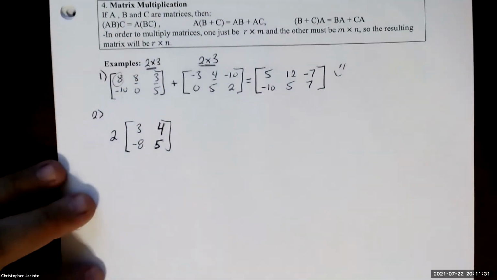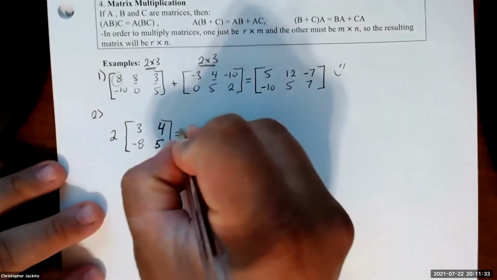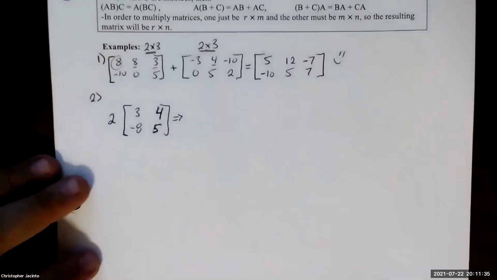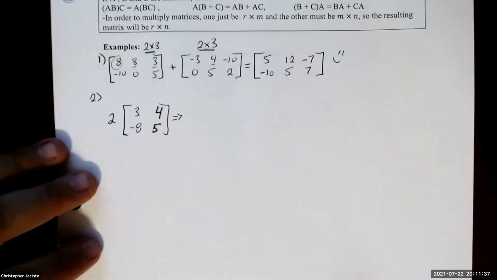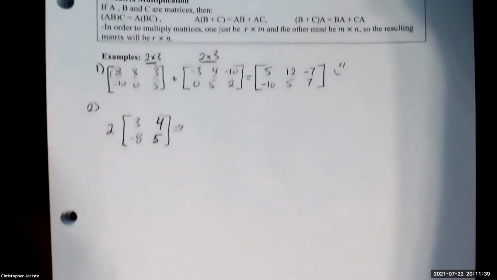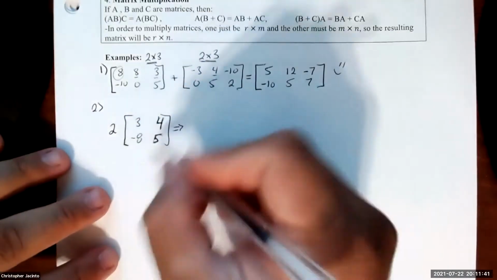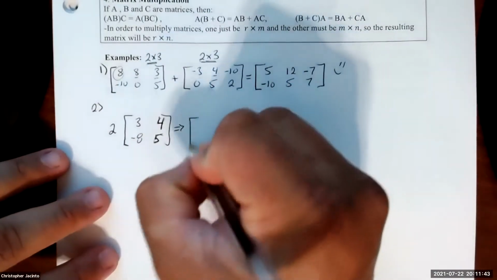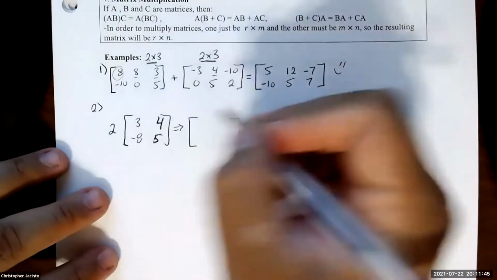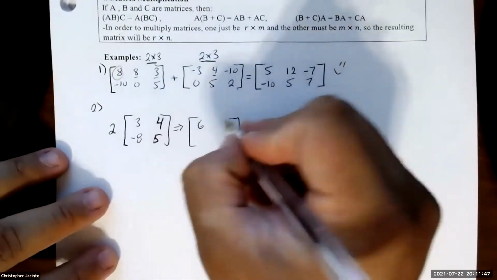Again, all this is saying is I'm multiplying every element in there by 2. That's all it is. So just 2 times everything. You're just going to distribute this 4 times. So 2 times 3 is 6. 2 times 4 is 8.